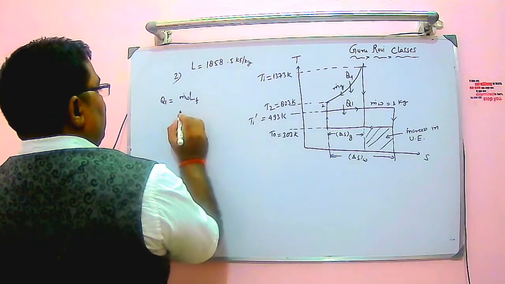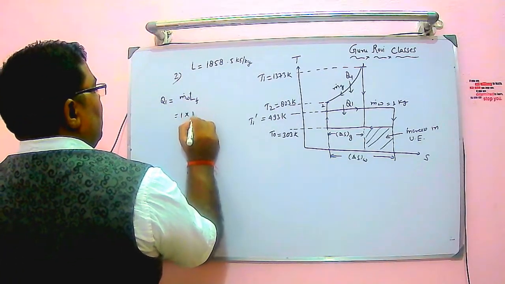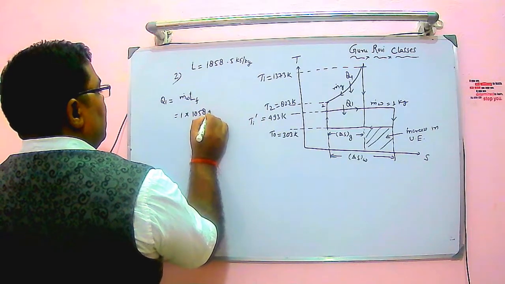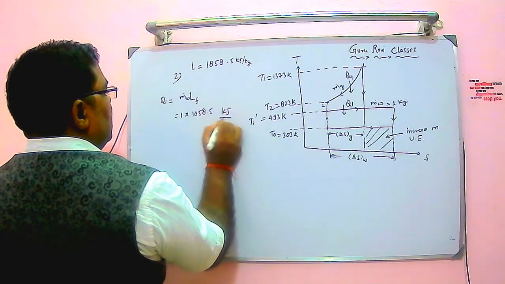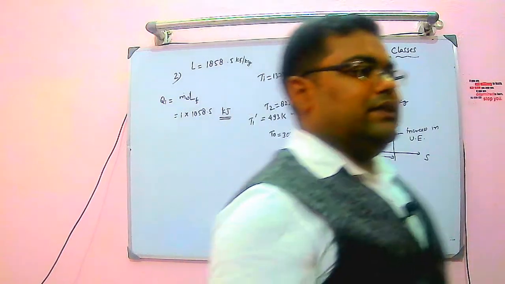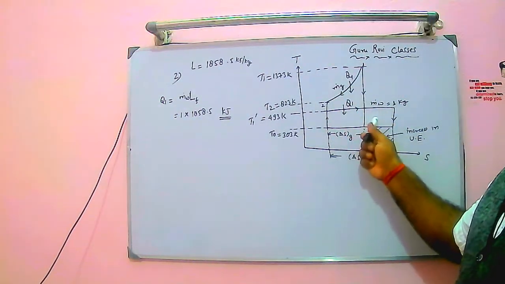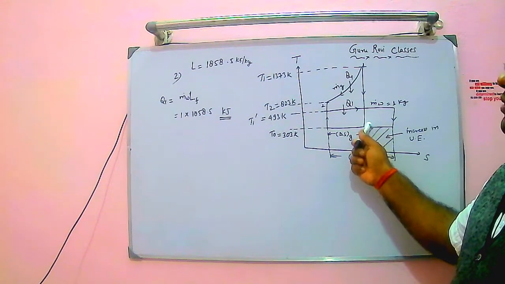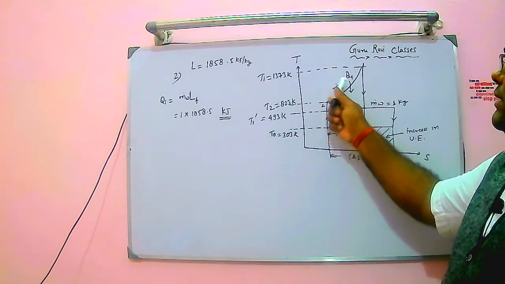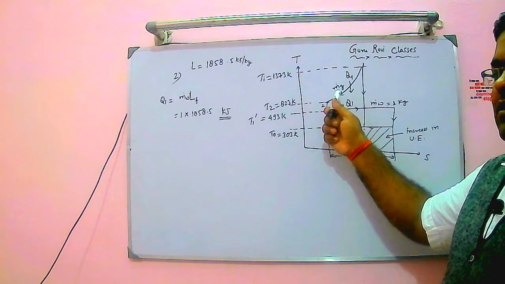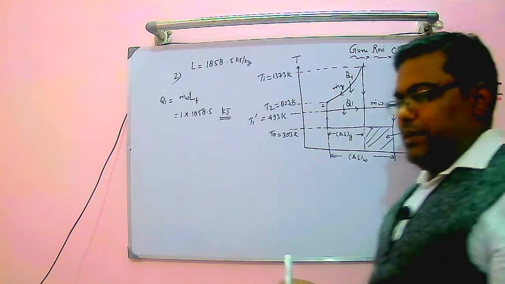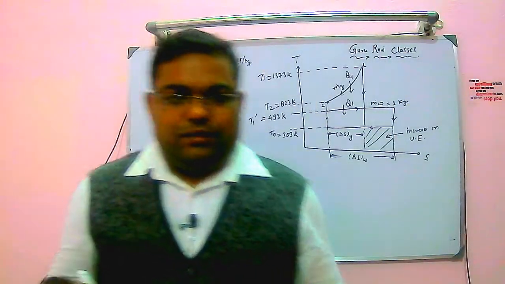So you can substitute the value here: 1 into 1858.5 kilojoule. So this much heat is getting supplied via the gas to make the water evaporate. Now I need to know the value of mass of gas and Cp of gas, which is not clearly mentioned.